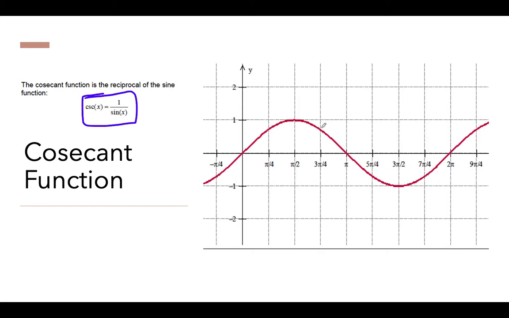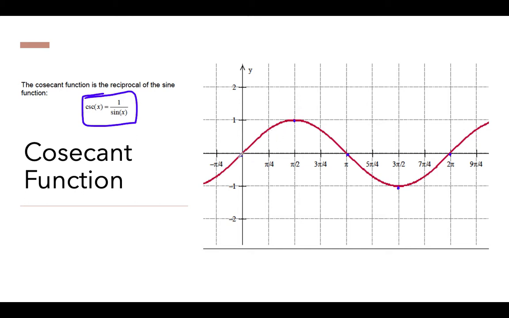As you can see on the graph, you have a sine graph with the key 5 points that we studied before: 1, 2, 3, 4, and 5. Now what we're going to do is take the reciprocal of the y values.